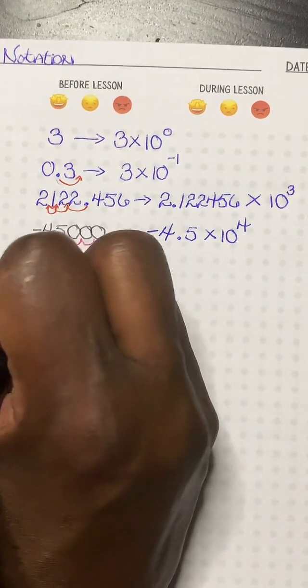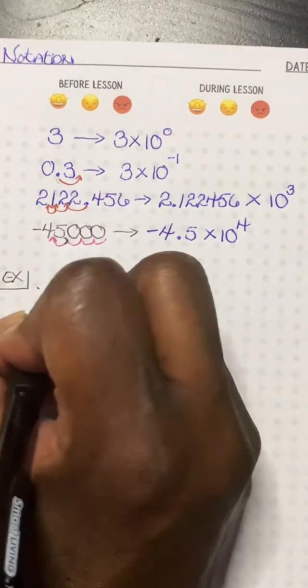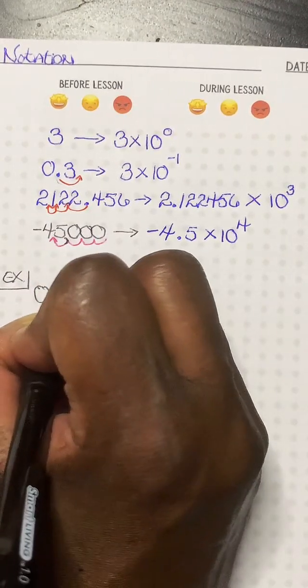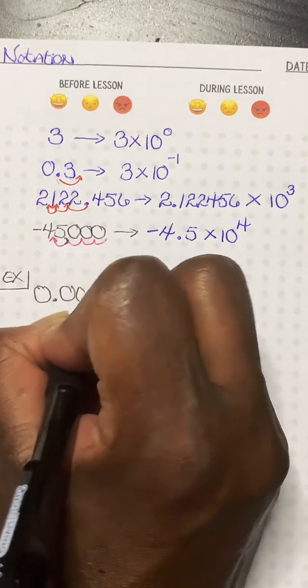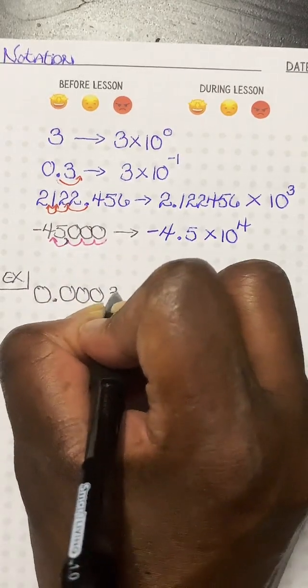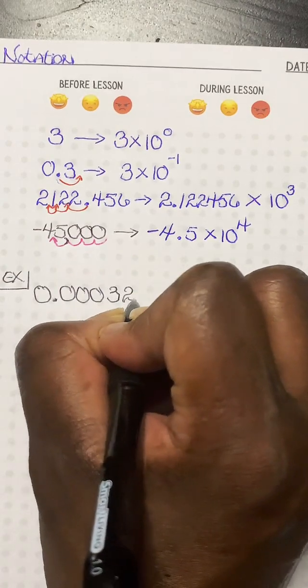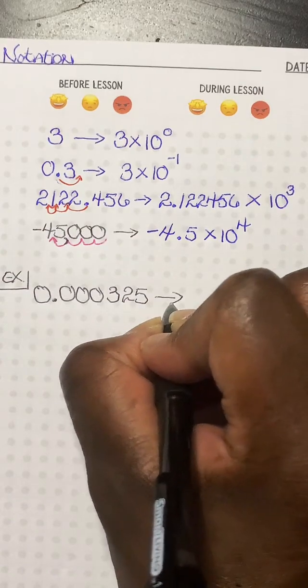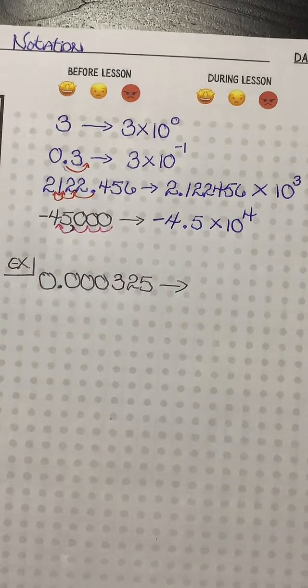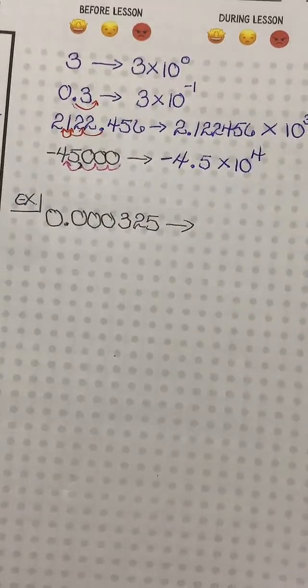Let me go with an example. We got 3. Okay, what is this as a scientific notation?